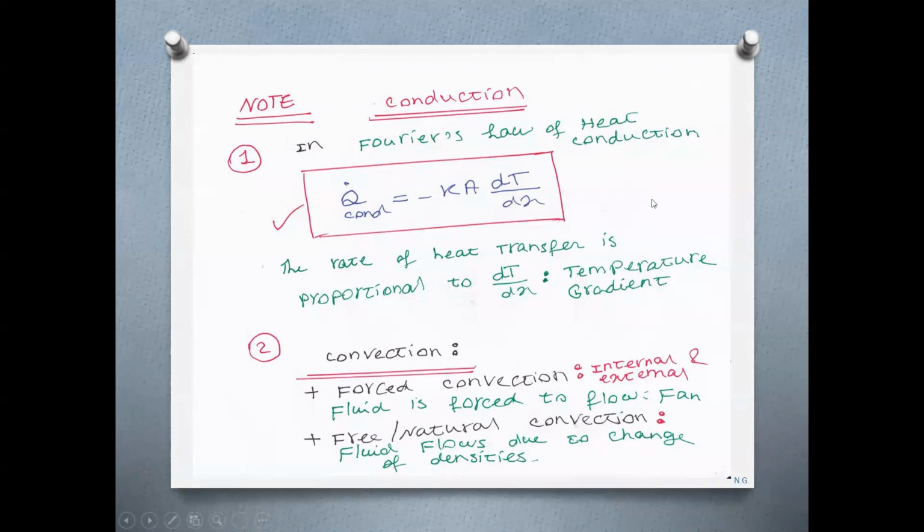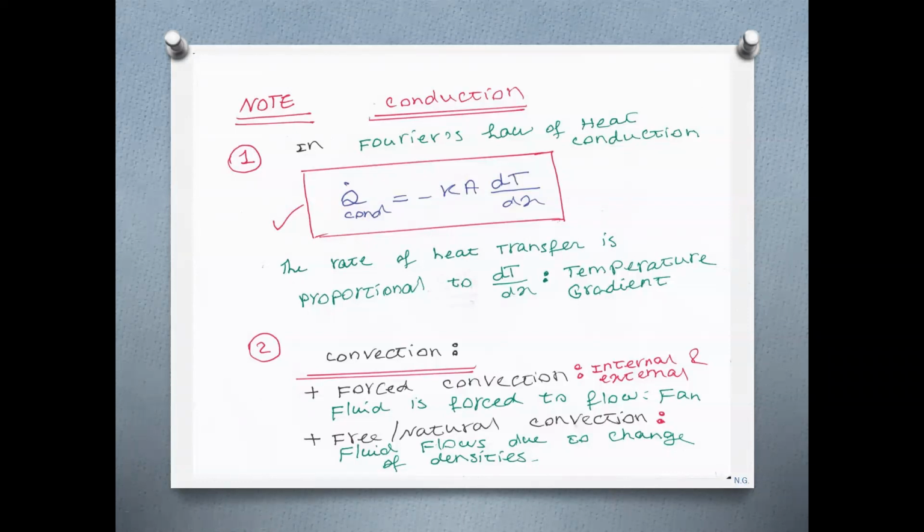For example, if this is the thickness of the wall and you take this as the x-axis, which is perpendicular to the wall, so we are looking at the thickness of the wall, and the x-axis is just perpendicular to the wall, temperature is a function of x. X is in the direction of the thickness, and there is temperature variation within the wall, and temperature is a function of x, just 1D.